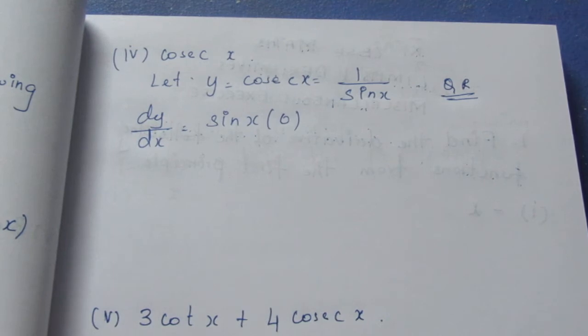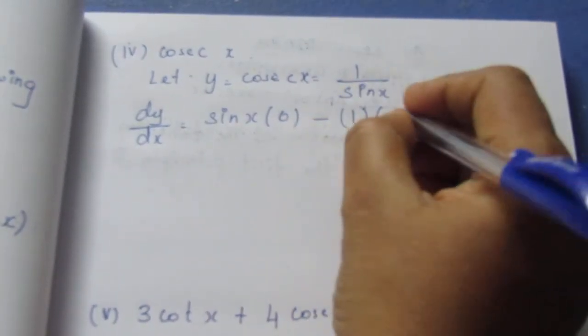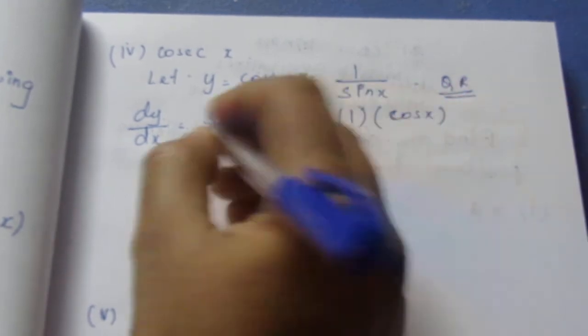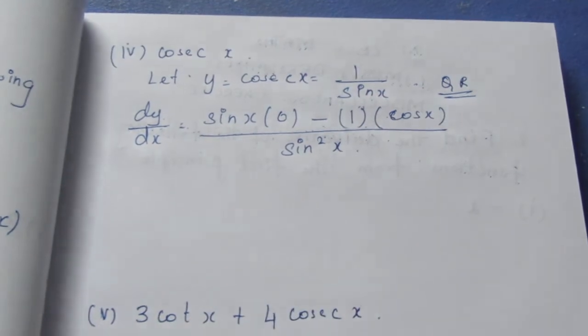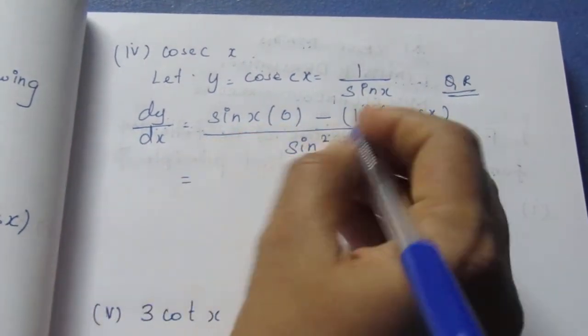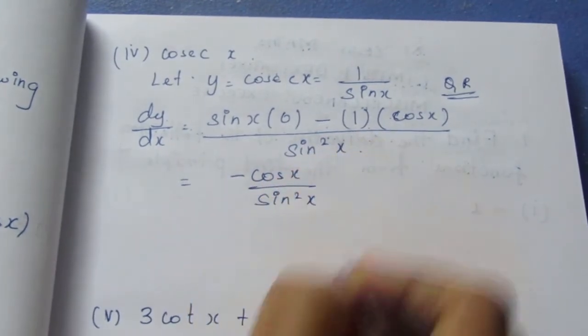So dy by dx is nothing but denominator into numerator differentiation. Differentiating 1 becomes 0, minus numerator into denominator differentiation, which becomes cos x, by the denominator square, sin square x. Now here it becomes minus cos x by sin square x.